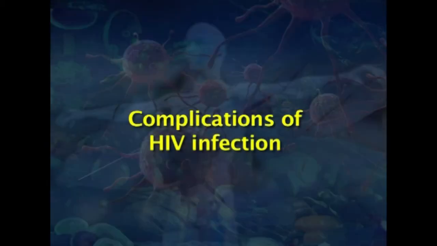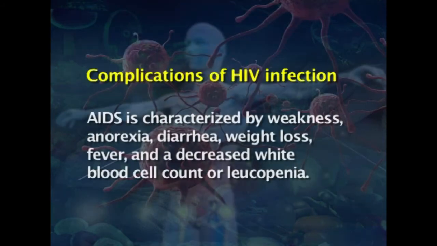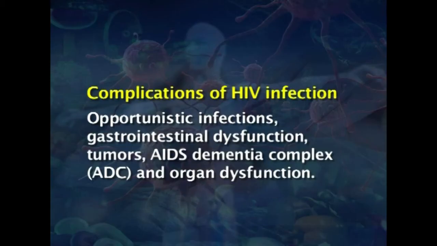Now let us see the complications of HIV infection. AIDS is characterized by extreme weakness, anorexia, diarrhea, weight loss, fever and a decreased white blood cell count, or what we call leukopenia. Common problems associated with the AIDS patient include opportunistic infections, gastrointestinal dysfunction, tumors, AIDS dementia complex, typically known as ADC, and organ dysfunction.